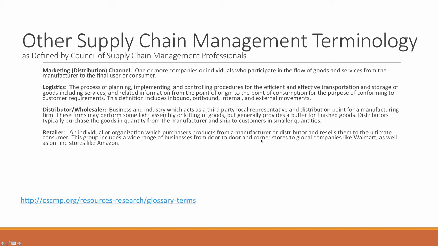A corner or mom and pop store would be a retailer. A global company like Walmart is a retailer. An online store like Amazon is a retailer. So the key to a retailer, retailers are intermediaries, but they're people who sell to the ultimate consumer.